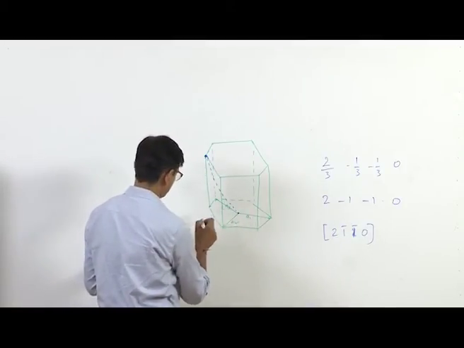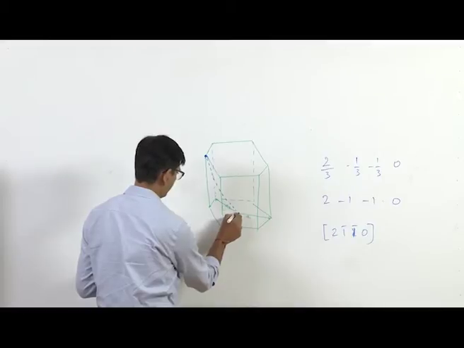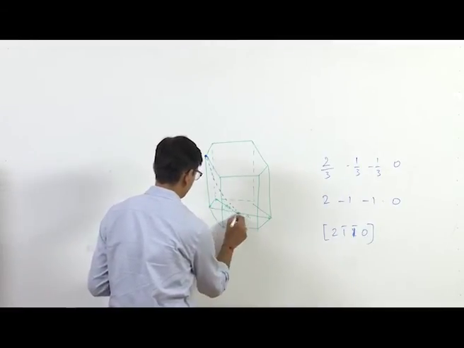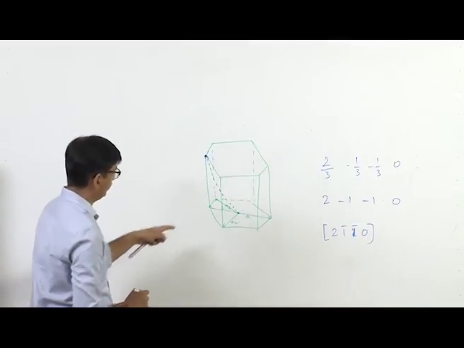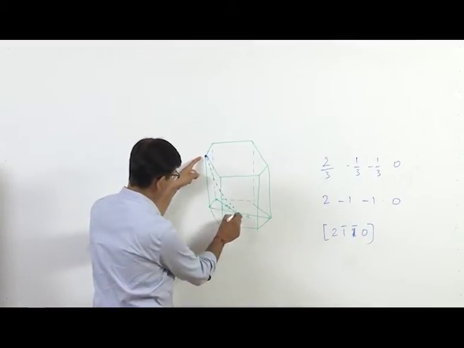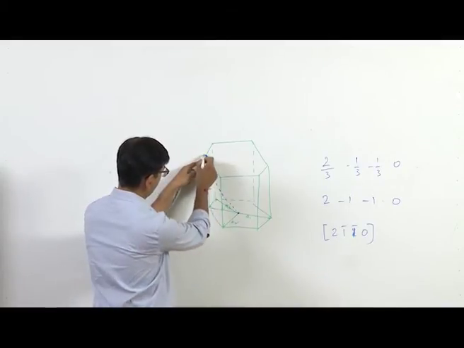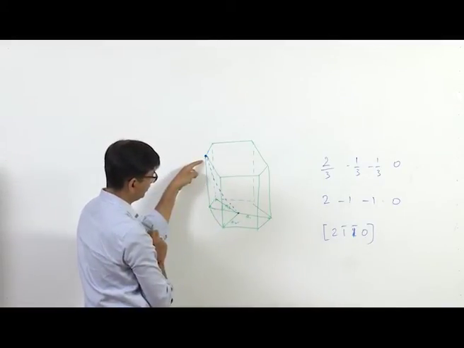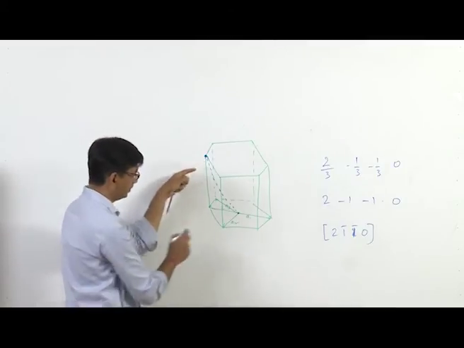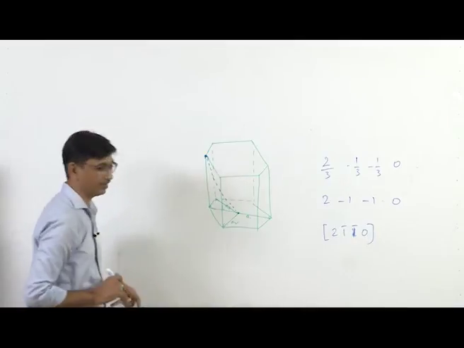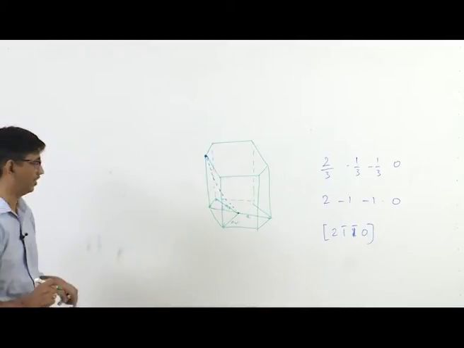This is my negative A1. So, for going to this direction, I will be going in the negative A1 direction and positive C direction. Can you see that? Negative A, positive C will get me to the end point of this particular direction.